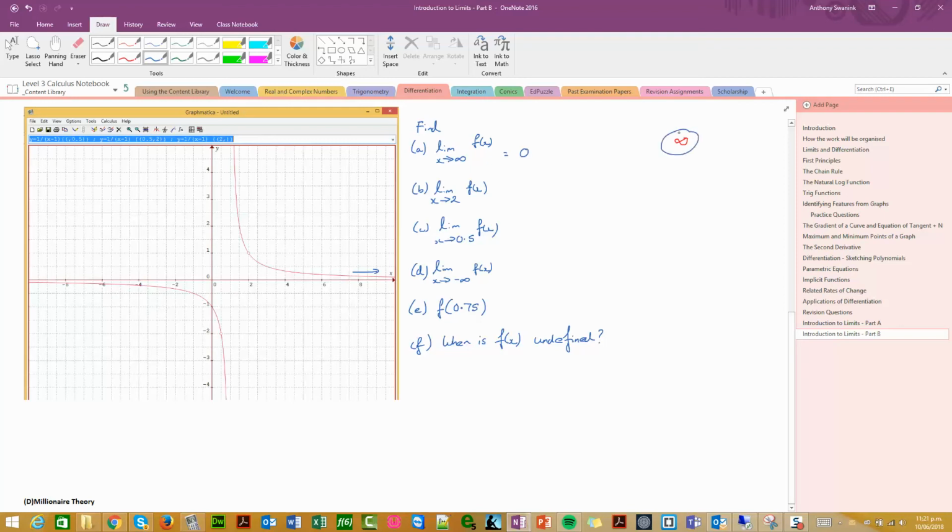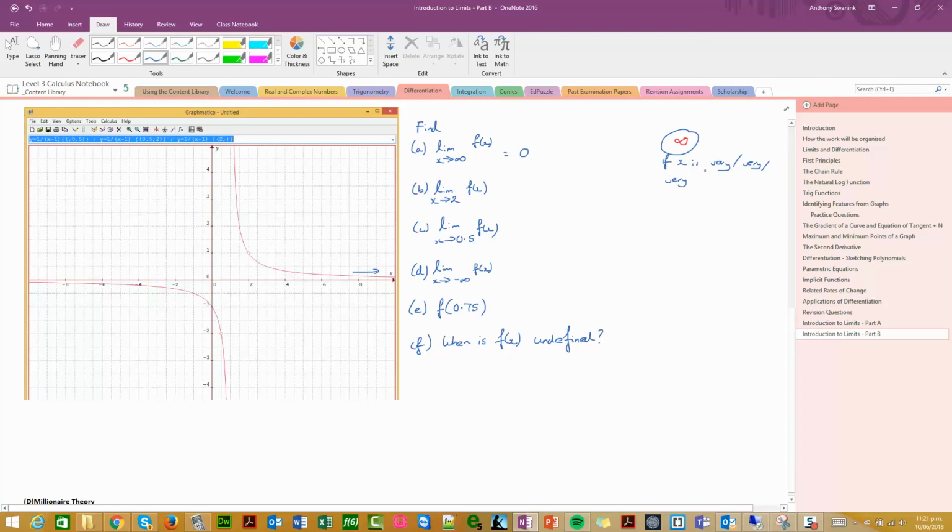So the limit to infinity is simply asking you, in this case, what happens to the function if x is made very, very, very large? What's happening to the y values? Well, they're getting smaller and smaller, approaching 0.